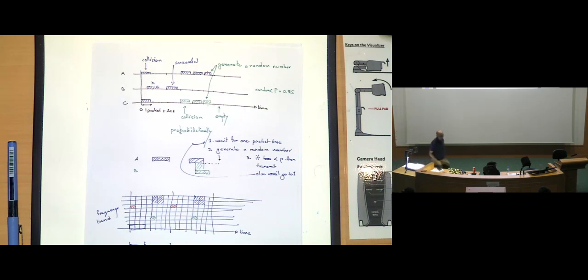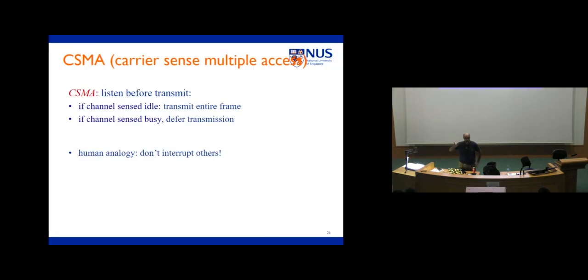So that's the whole idea about CSMA, which says, all right, you may have a packet, but you don't transmit immediately. First listen to the channel and then transmit. That listening to the channel is what we call carrier sensing. This is the listening to the channel part. And multiple access, many users, many nodes are transmitting on the channel.